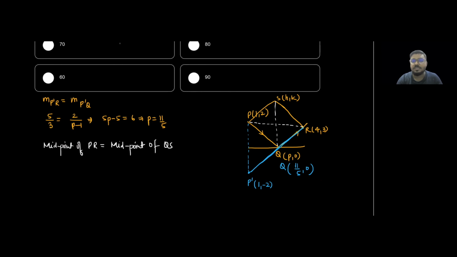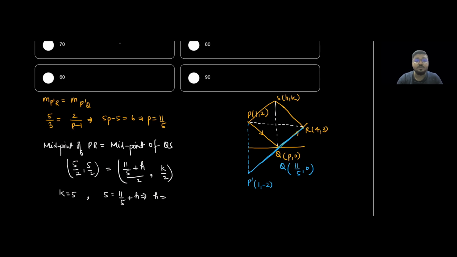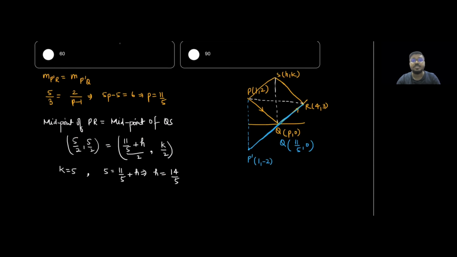The midpoint of PR is (5 by 2, 5 by 2), which equals ((11 by 5 + H) divided by 2, (0 + K) divided by 2). So the K value is 5, and 5 = 11 by 5 + H, that gives H = 25 - 11, that is 14 by 5.